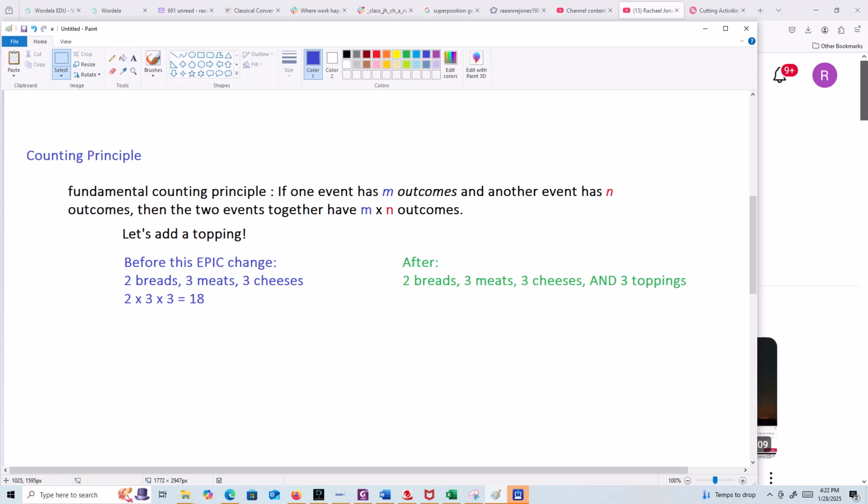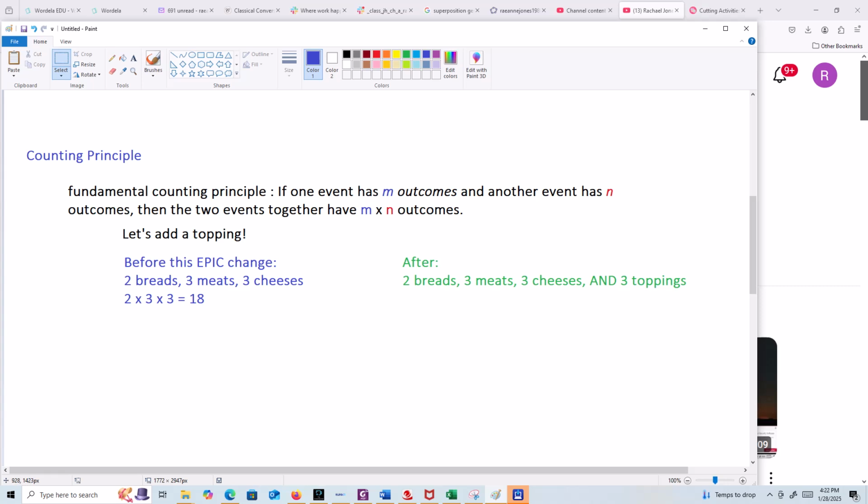So Kevin has decided to shake up his world, make his deli delicious, and add a topping. He is going to allow customers to pick one of 3 toppings. They can choose lettuce, tomato, or pickles. Pickles are really good on a sandwich, so try it.